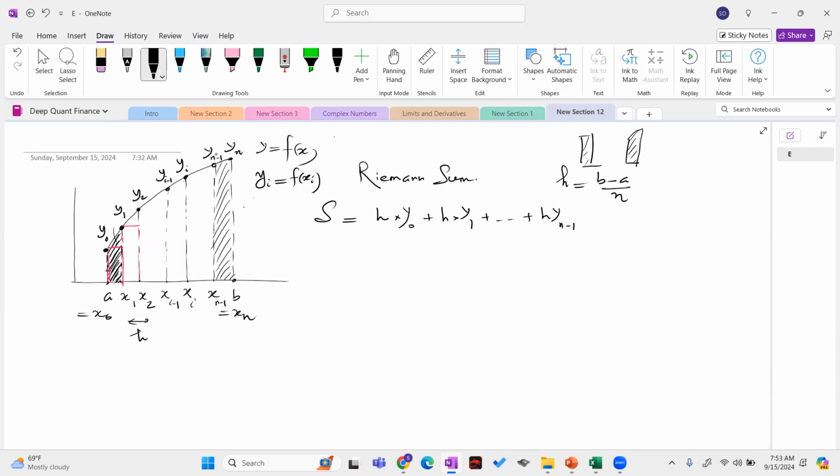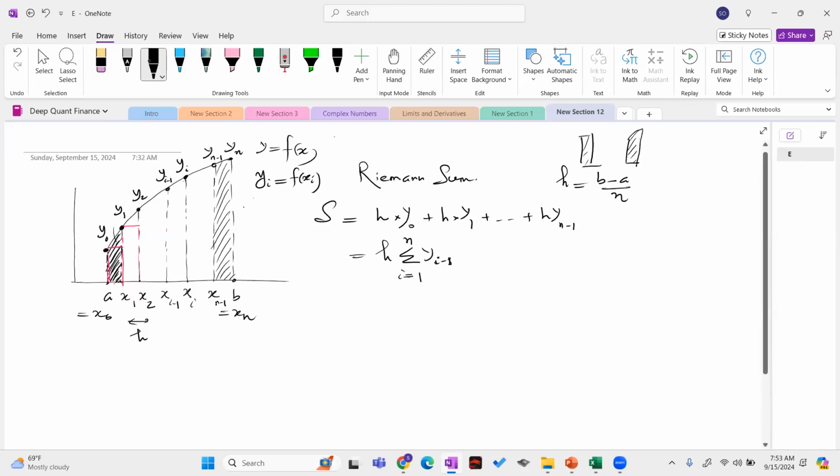Okay. All right. So I can just write this as h is common, summation of i equal to 0, or let me not take 0, let me take it from 1, i equal to 1 to n, y i minus 1.